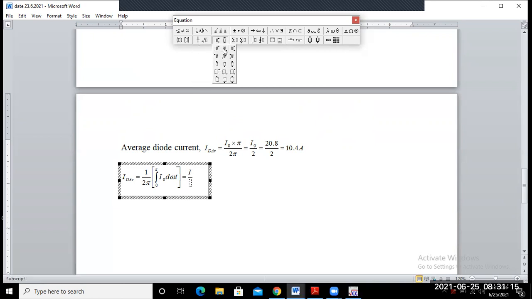I0 divided by 2 pi, into how much? Pi. So here this one becomes pi.